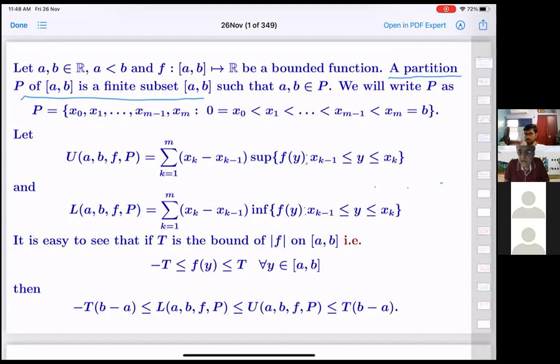Sir? Yeah. So far, we've been only defining the Riemann integral for closed bounded domains. Do we define it at all for open intervals or no? See, it is the boundedness of the interval which is important. We have already done that. If it's only an open interval, you arbitrarily define it at the endpoints and consider it as a closed interval.